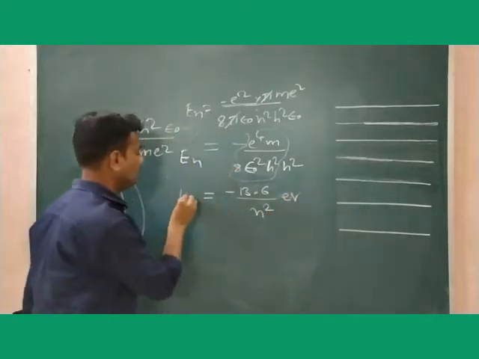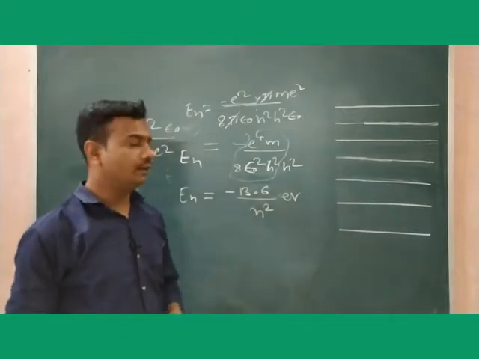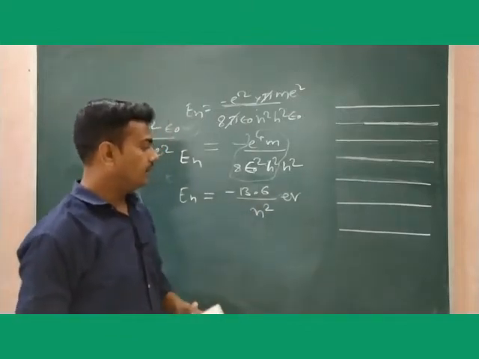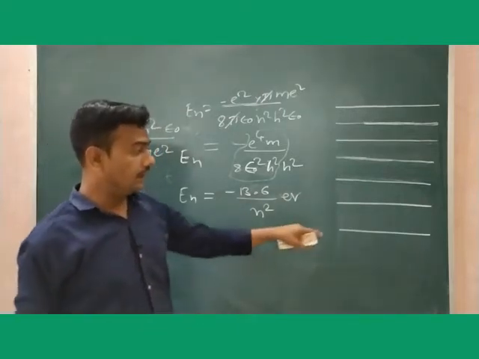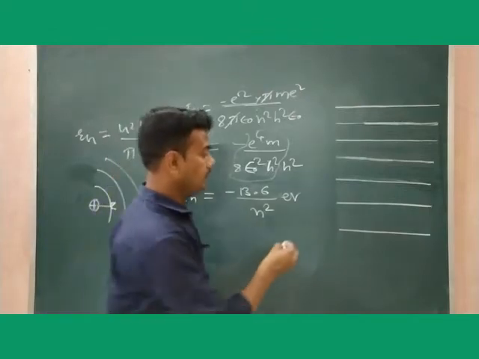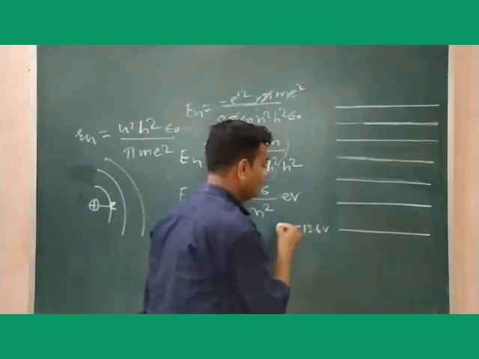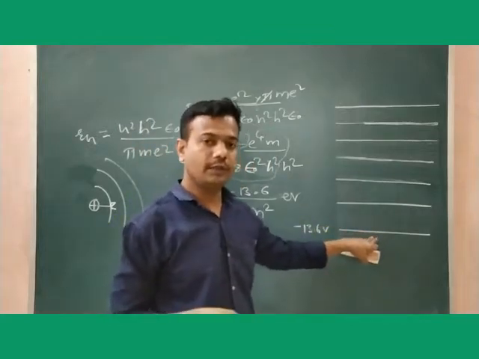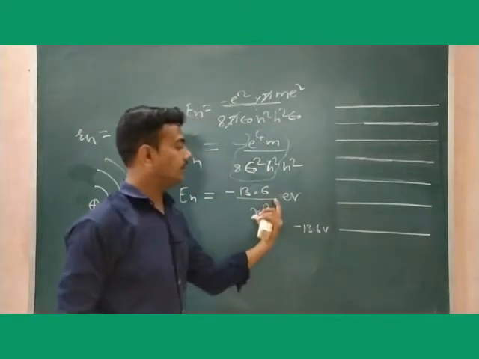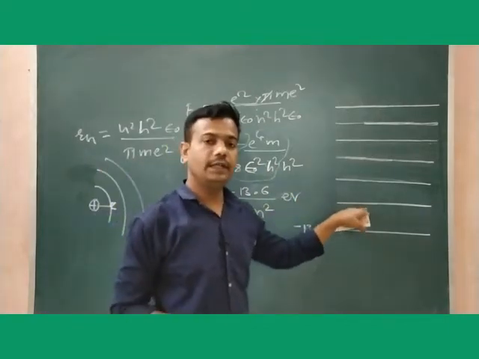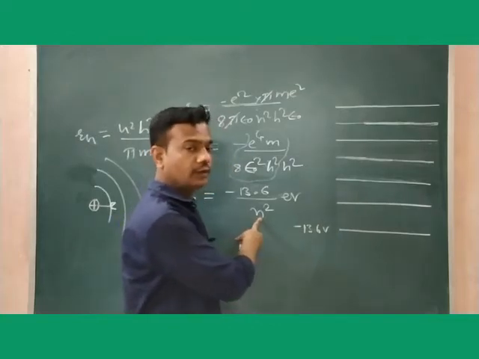So this is the energy of the electron inside the nth Bohr orbit. If the electron is revolving in the first orbit, the energy of that electron is equal to minus 13.6 electron volt. This is the energy level corresponding to the first orbit. Again, if you divide this by 4, we get the energy for n equal to 2, the second orbit.